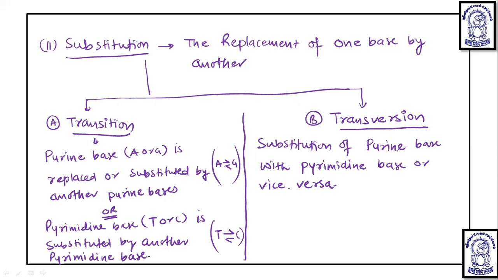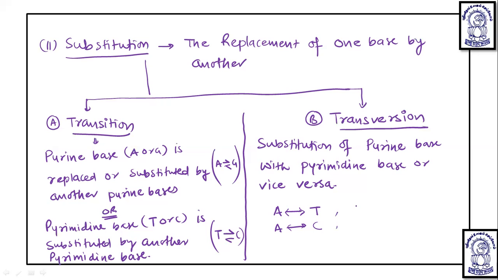In this, if suppose the purine is adenine, then adenine can be changed to thymine, or adenine can be changed to cytosine, or cytosine is changed to A, and thymine is changed to A. That is a purine to pyrimidine, pyrimidine to purine conversion.